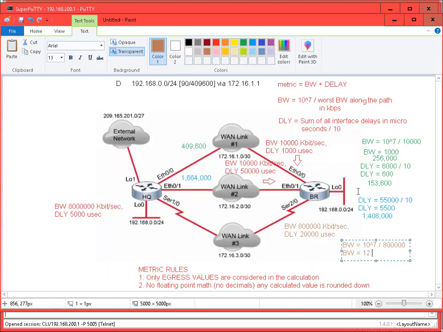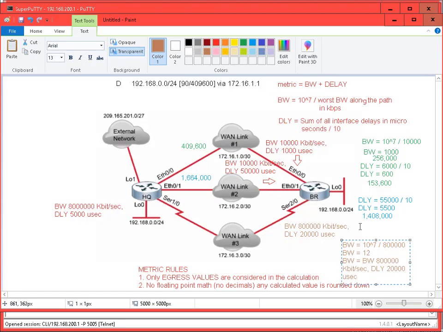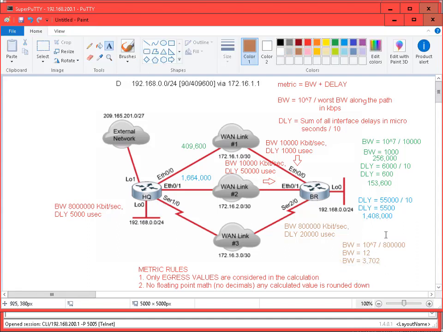And we're going to take that number and multiply it times 256, which equals 12 times 256, 3,072.